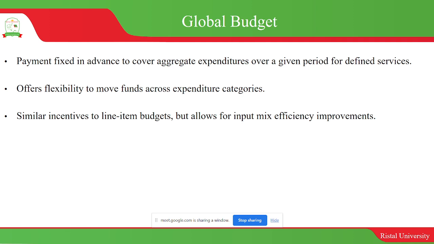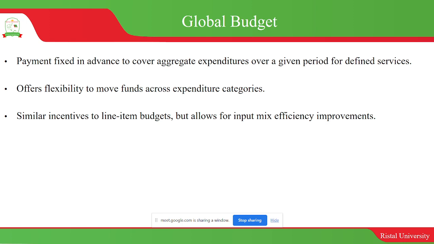And then we have what we call global budget, which is that a fixed payment is made in advance to cover expenditures that have been made over an extended period of time for defined services.